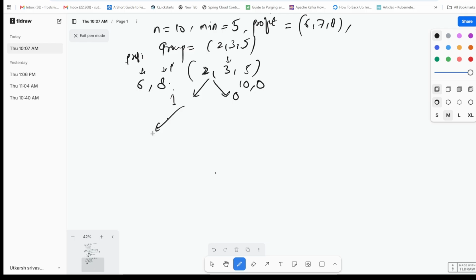So now how much capacity is remaining, and what is the profit till now? 6 plus 7, 13, right? And if we don't take it, then the length remains 1, and the corresponding profit remains 6, with number of persons 2.